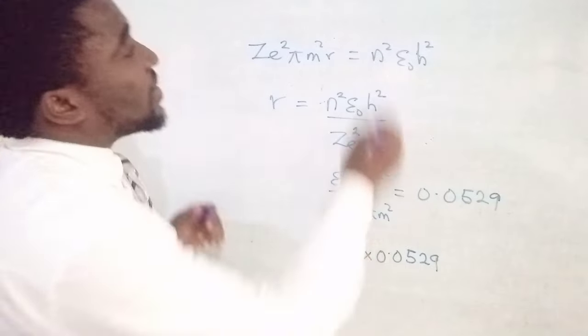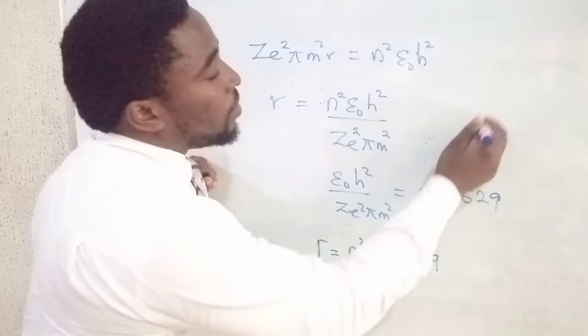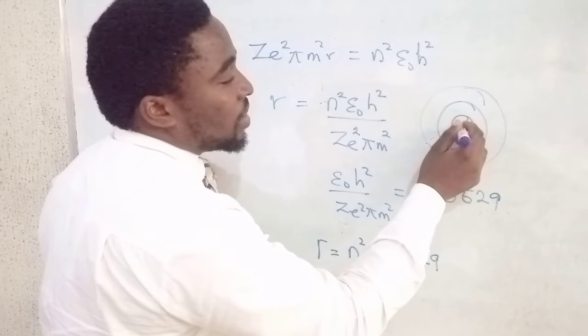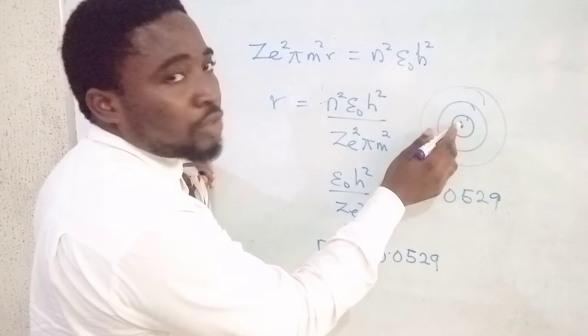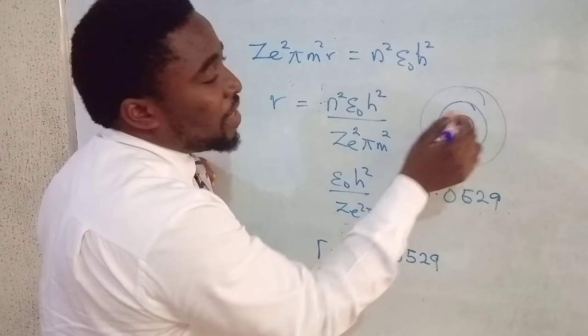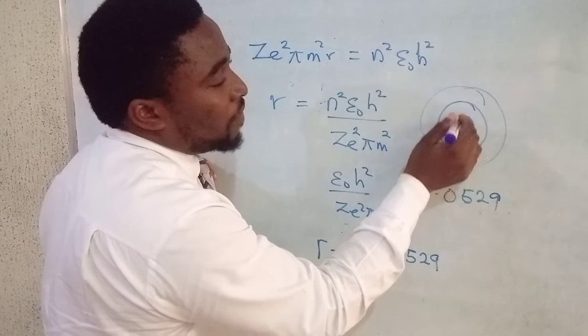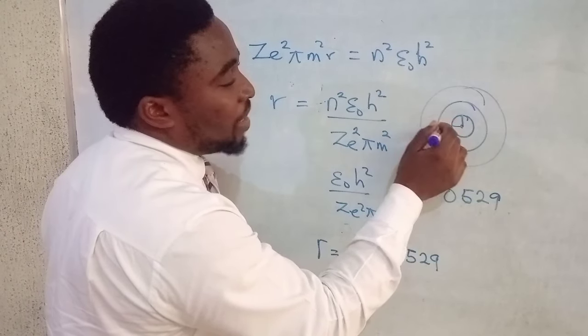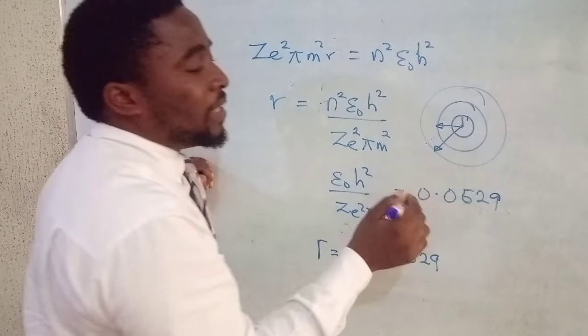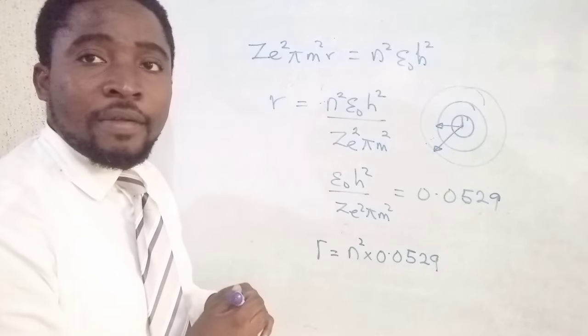Remember, if you have concentric circles, assuming that these are shells, and you have to measure the radius of each of these shells from the center, you will see a variation. So the radius of this first shell will not be the same as the radius of the second shell, and the radius of the third shell will not be the same as the radius of the second shell.